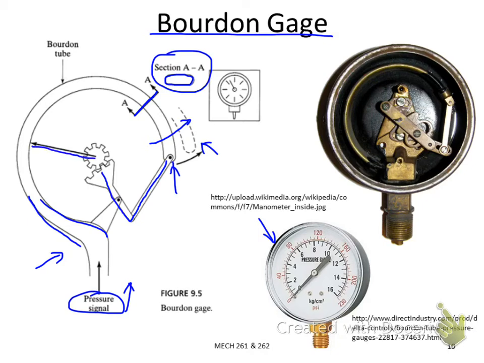Finally, it will drive the indicator or the pointer to move along the scale direction. So you can see you move this indicator, and this is the principle of the Bourdon gauge. This photo shows you the internal structure here, and this is the Bourdon tube. This is the lever connection, and finally it's connected to the pointer.